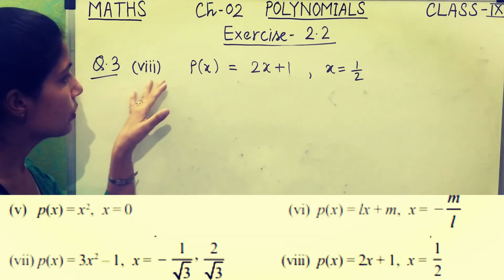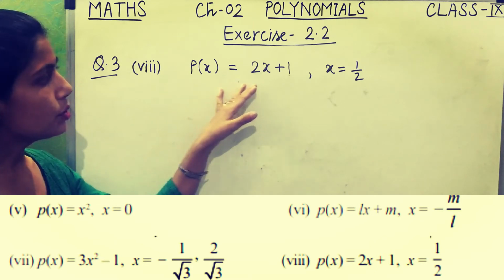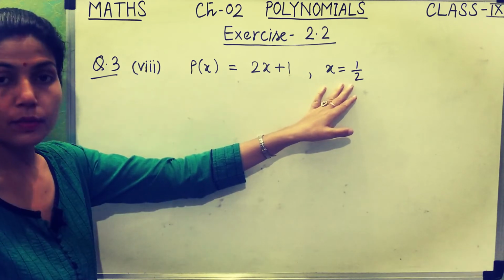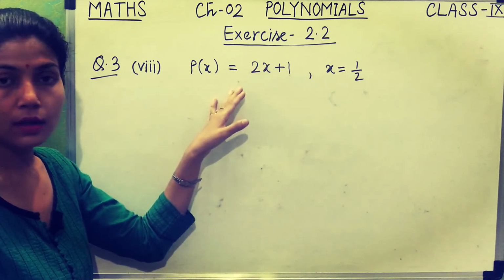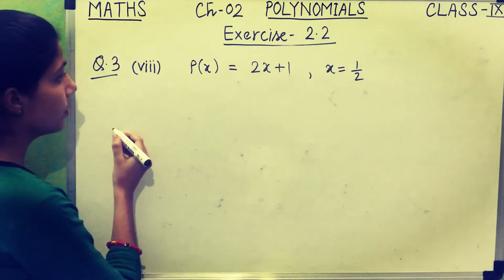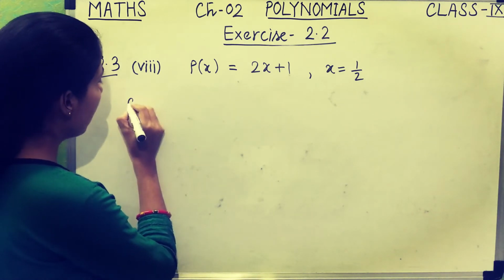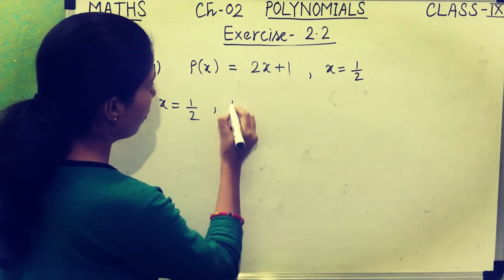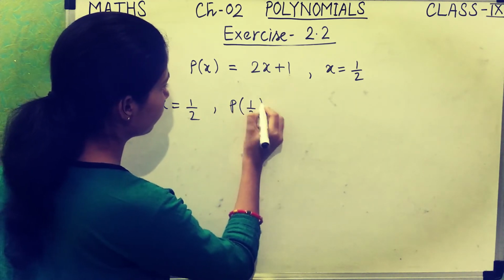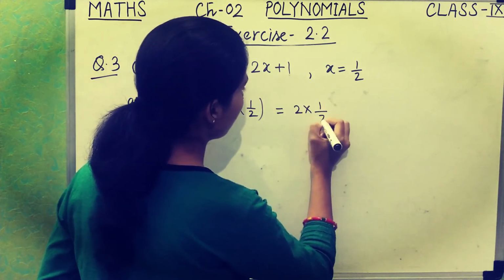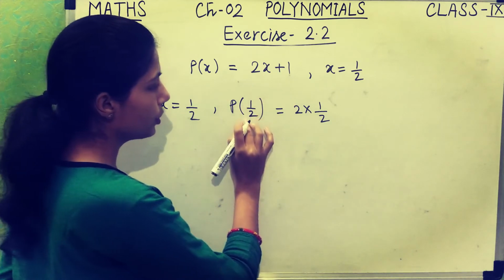Okay, the last part of this question is p(x) equals to 2x plus 1, and you have to check this value of the variable. Is this a 0 of this polynomial or not? In the same way as we have done earlier, at x equals to 1 by 2, the value of the polynomial is 2 into 1 upon 2 plus 1. In place of x we have to put this value.